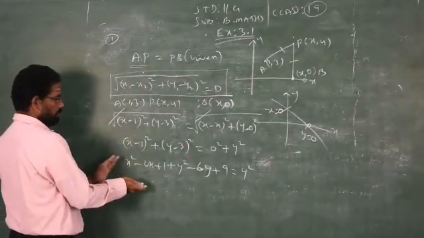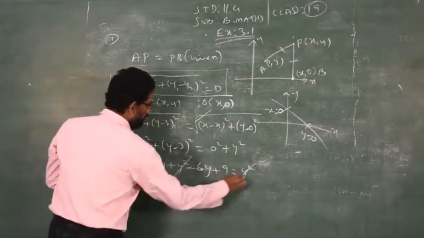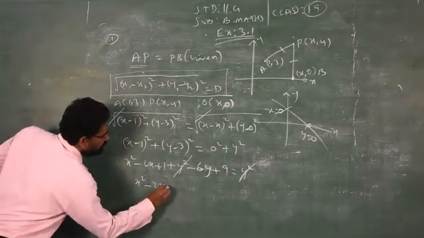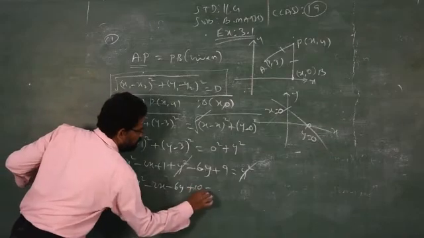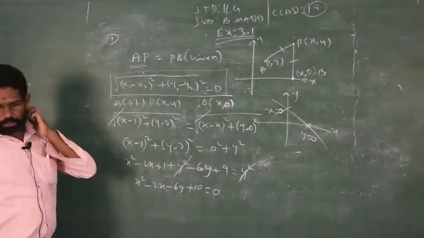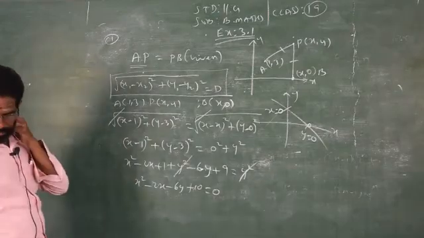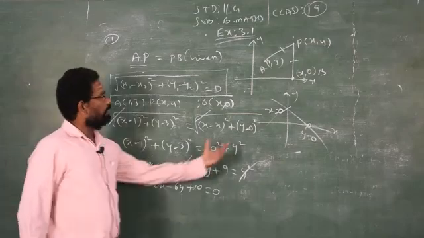I just expanded by using the (a plus b) the whole square formula. Both y squares get cancelled. So we will get x square minus 2x minus 6y plus 1 plus 9, how much? 10, is equal to 0. So this is your required answer, that is x square minus 2x minus 6y plus 10 equals 0.